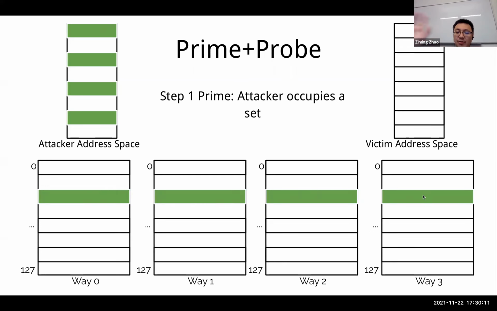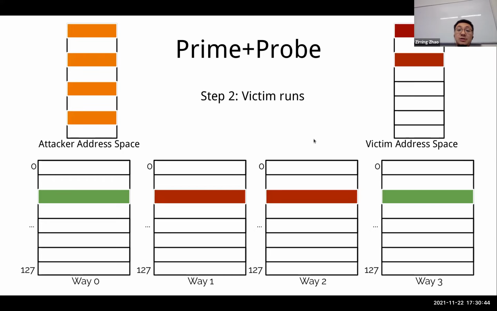There are no instructions to directly manipulate the cache, so to occupy the set, the attacker can just read memory. It's not always 100% guaranteed, but if you keep doing this for some time, the chance that you do not occupy a full set is very low. So let's say the attacker occupies this set. Then the attacker allows the victim program to run.